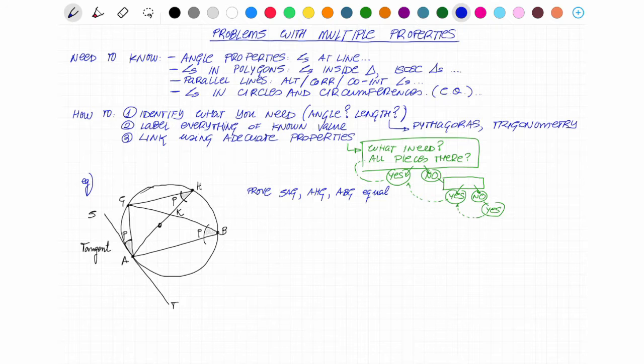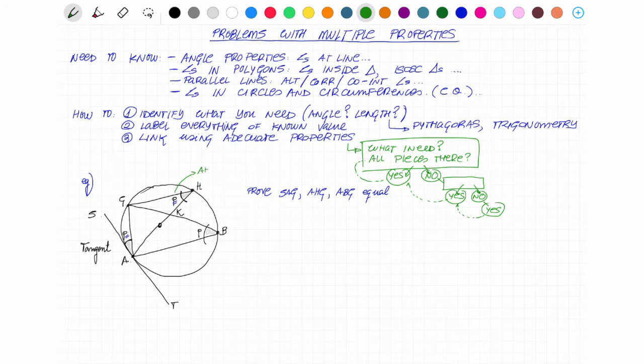Now, the first step is to identify in the diagram what I want. They label them for us. So this angle here is SAG. This angle here is GHA or AHG. So let's make tiny arrows if we need.